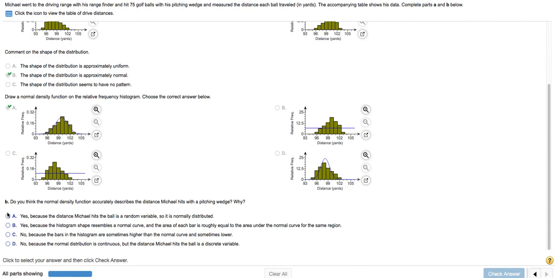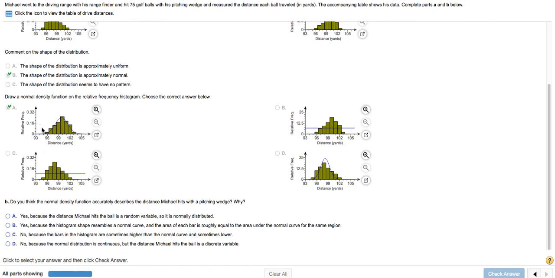If I look at A, it says yes, because the distance Michael hits the ball is a random variable, so it is normally distributed. I don't think that's really addressing what's going on here. Let's see what B says. So again, yes, because the histogram shape resembles a normal curve, and the area under each bar is roughly equal to the area under the normal curve for the same region.